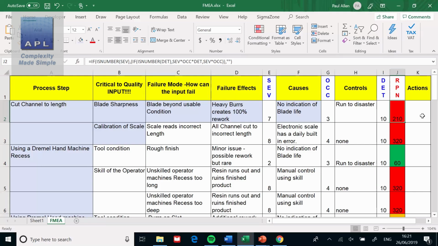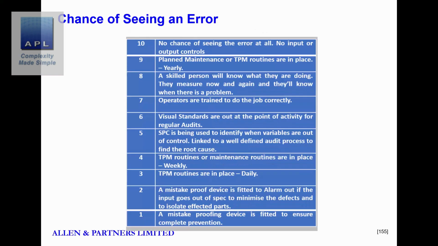So I'm above 200, and the box goes red. Let me show you, by the way, the scoring routine for the chance of seeing the error. The control at the end there I gave a 10, no chance of seeing the error at all, because I haven't got any controls at all. You can see the language that I've used is based on the control you are using.